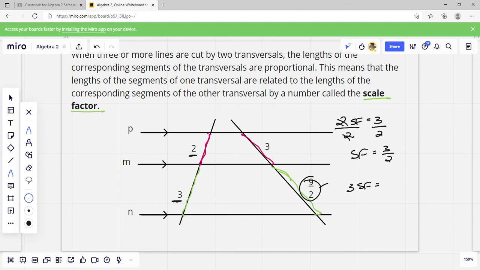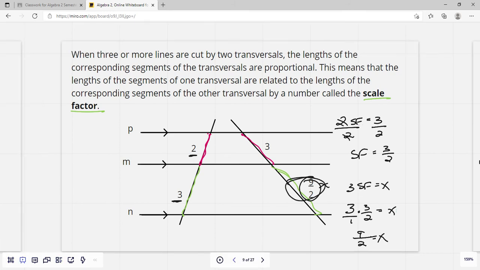We already know the answer, but let's pretend it's x. So 3 times 3 over 2 equals x. 3 times 3 is 9, 1 times 2 is 2, so 9 over 2. And that's how we find this one.